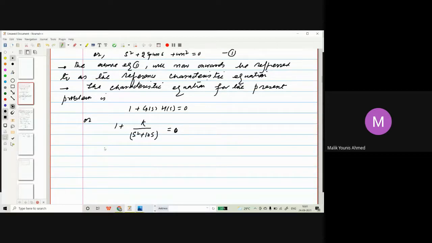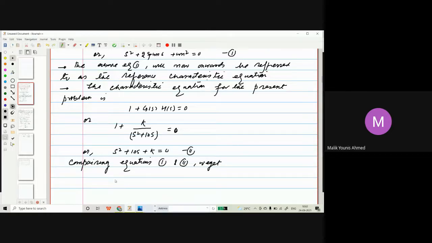So you can solve this: s square plus 10s plus K will be equal to 0. Call it the second equation. Now we have to compare the reference characteristic equation, equation number 1. Comparing equations 1 and 2.